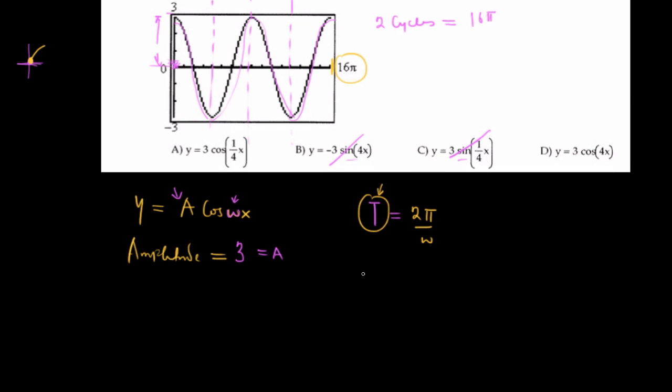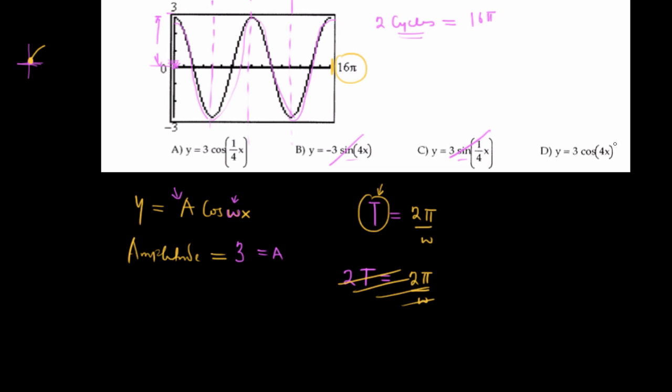So from the graph, 2 cycles. When I mean cycles, I mean period. So 2 times t equals 2 pi all over omega. Well, I'm very sorry for what I wrote here. This is very wrong.